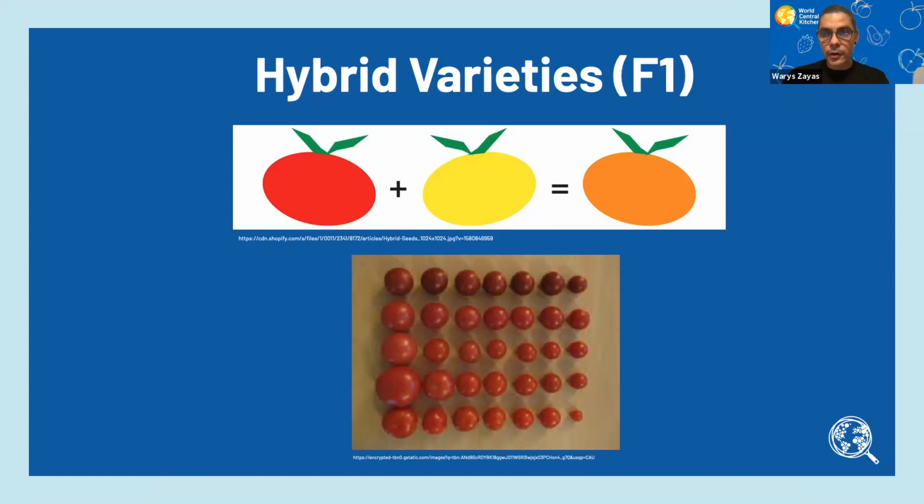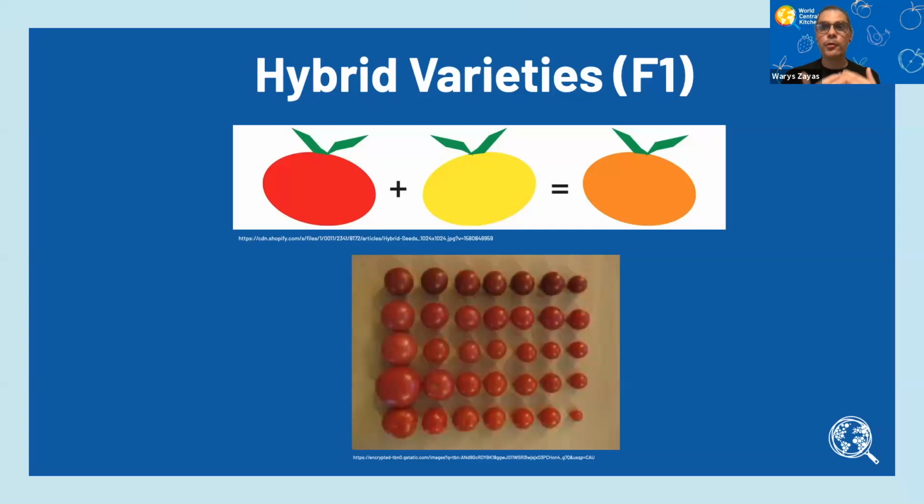So the red tomato you have here has some traits that you want to combine with the traits of the yellow tomato, and you have this F1 or hybrid variety that combines all of those traits. Sometimes hybrids are developed for pest resistance or drought resistance, but mainly they are produced for high production.